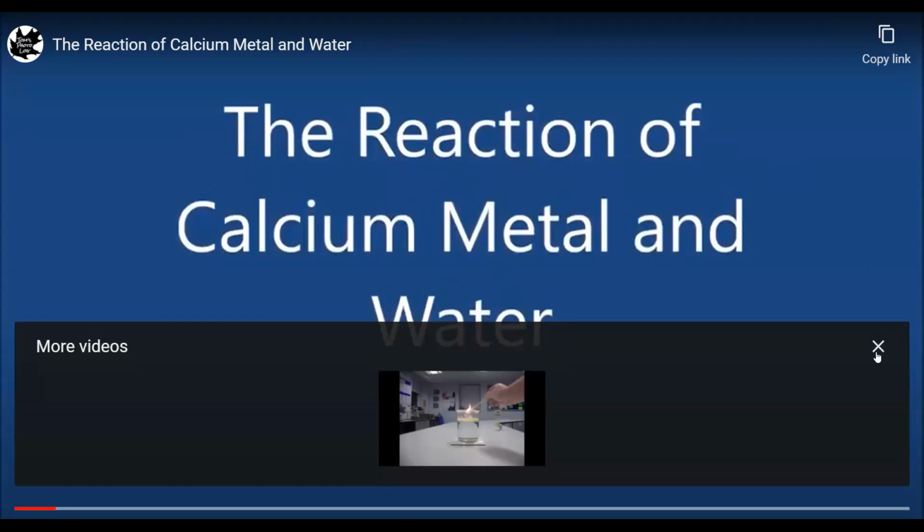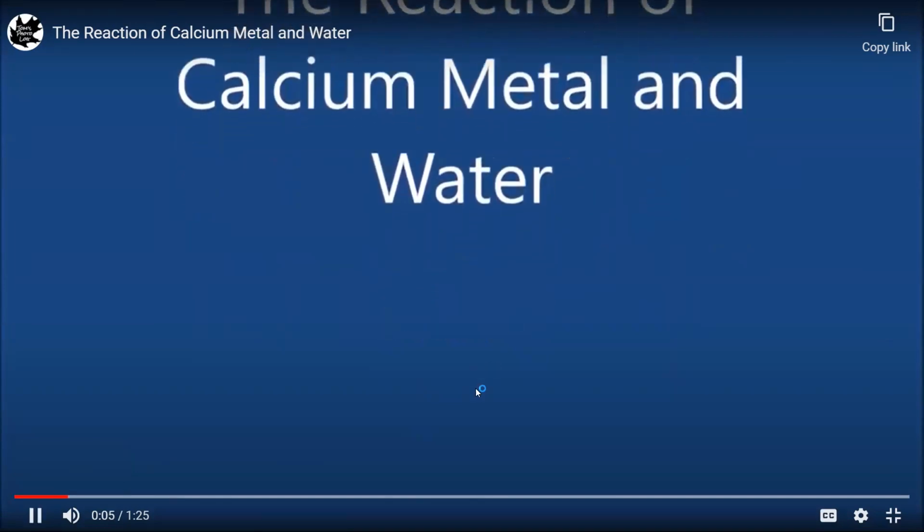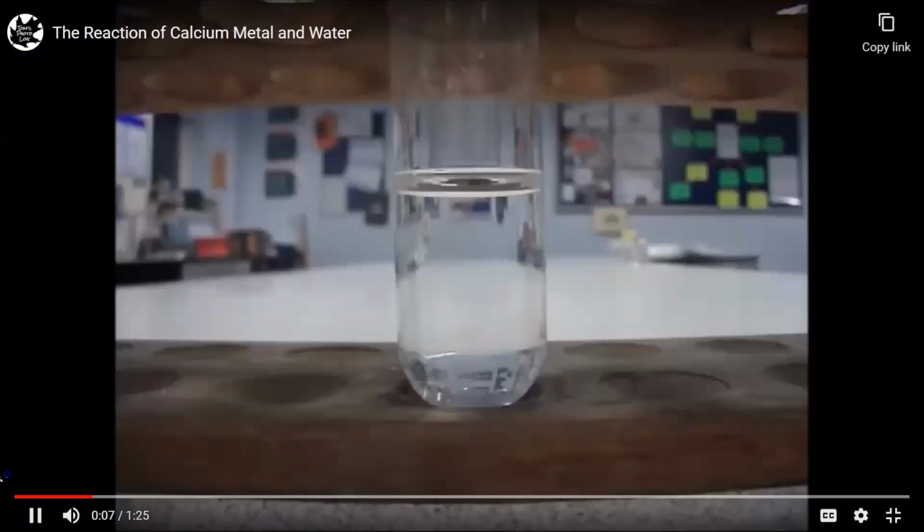Okay, so this is actually the reaction of, as it says, calcium metal and water. Relax. I worked in the lab for 14 years and never, ever saw a bit of calcium. You're not going to find this anywhere.